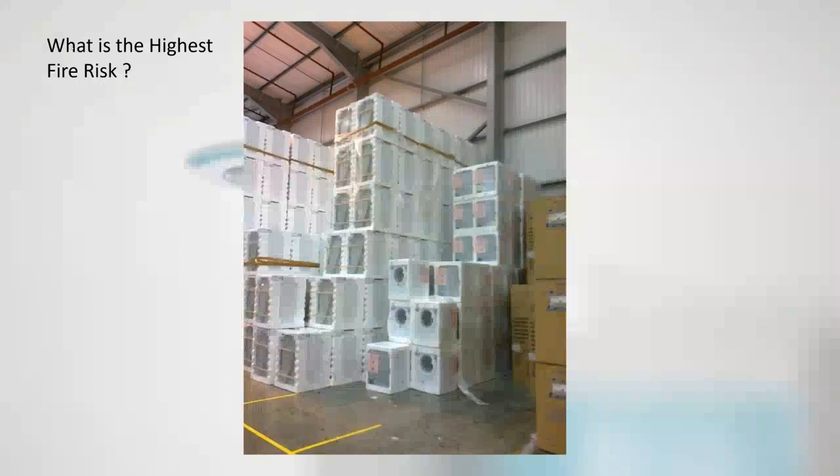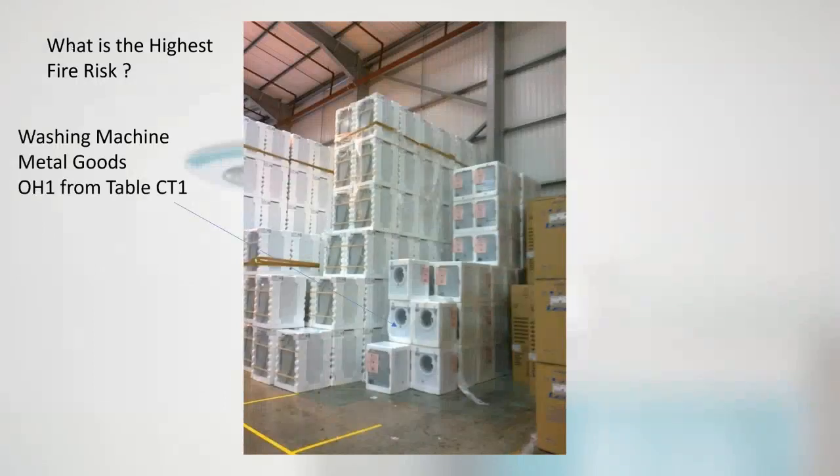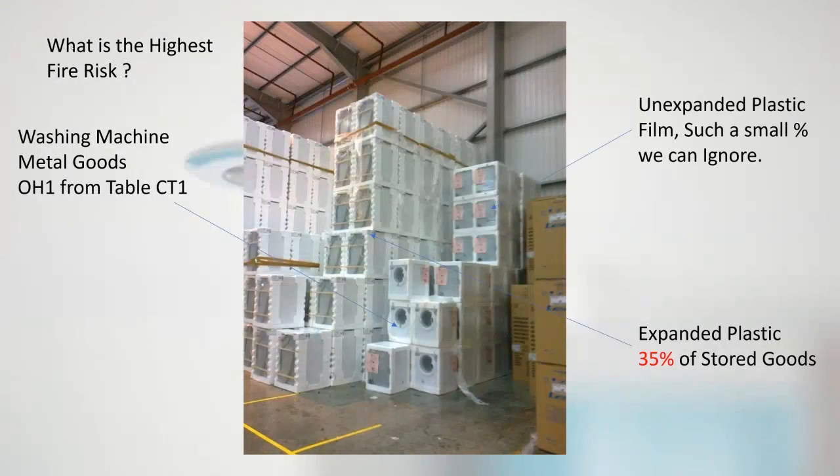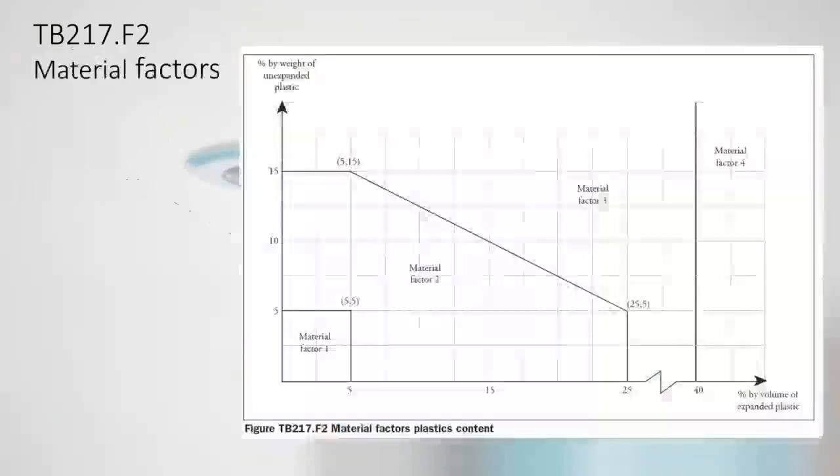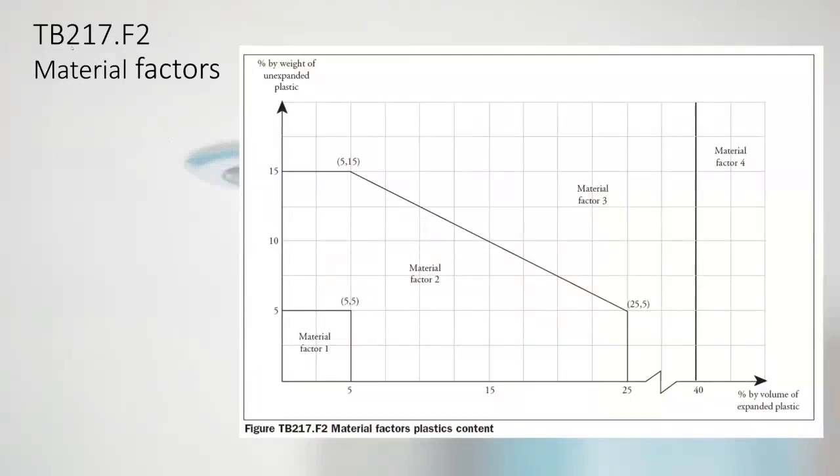For instance, jumping back to the washing machine goods, that has group 1, table CT1, that's basically steel. Expanded plastic will get 35% of stored goods. Unexpanded plastic film, because that's such a small percentage, burns away quite quickly. We can ignore it. So the biggest risk here is going to be expanded plastic. So we go down here.